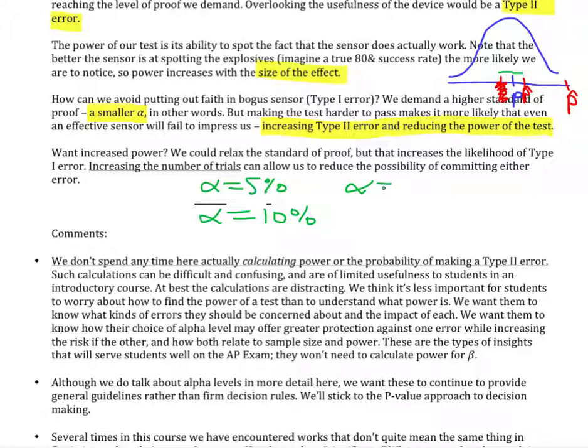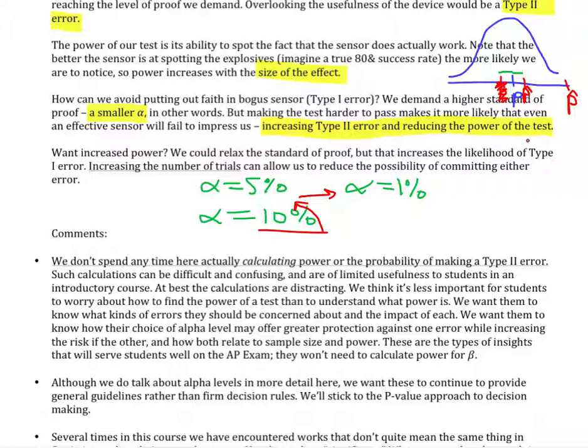Alpha could be 1%. So if we make alpha smaller, in other words, if we go from here to here to here, then we're decreasing the chance of a type 1 error because we're demanding more proof. We're increasing the chance of a type 2 error and reducing the power of the test.